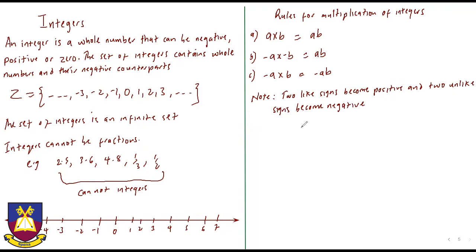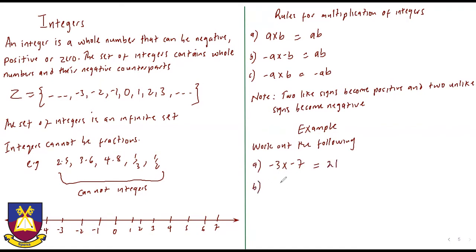Let's take a look at a brief example. We could work out the following. So if we have negative 3 times negative 7, these are same signs, so we shall get a positive 21.